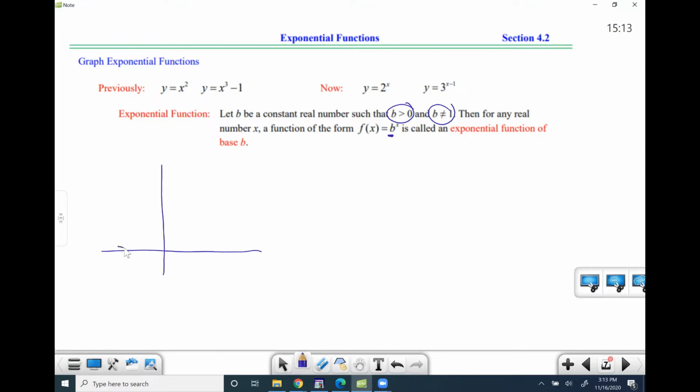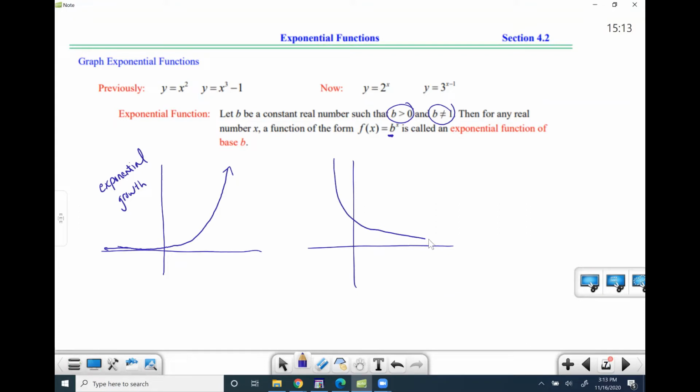We're trying to get what we call either exponential growth or what we call exponential decay. These are what exponential graphs look like, okay?